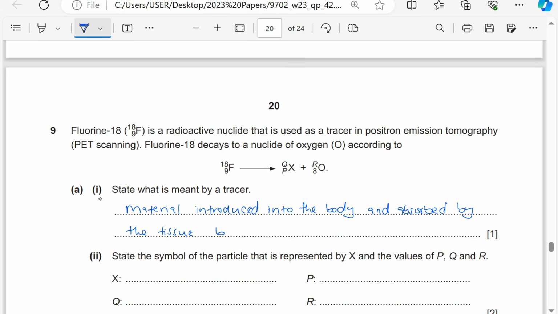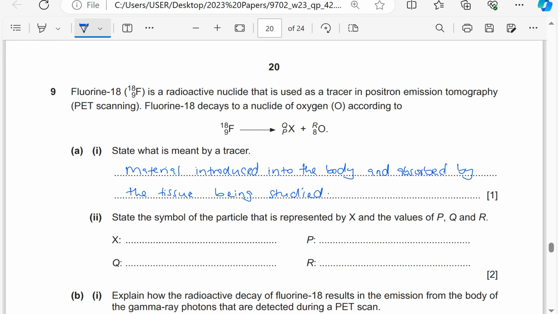It is a material introduced into the body to aid in studying a certain part of the body. That is what we call a tracer.